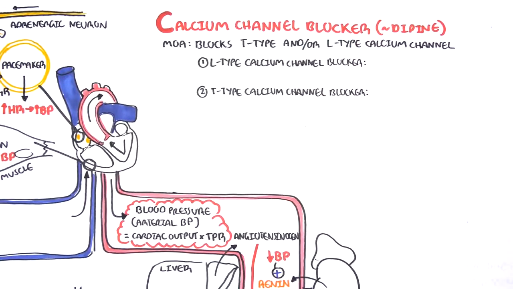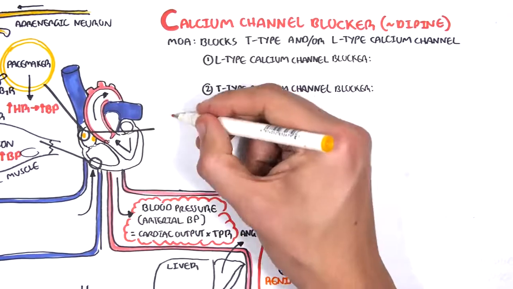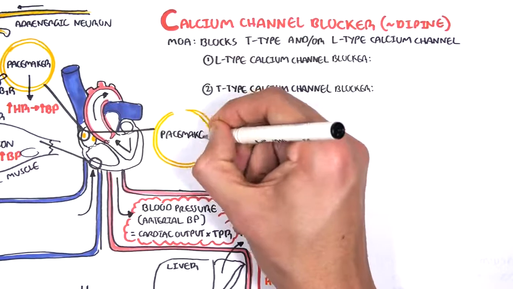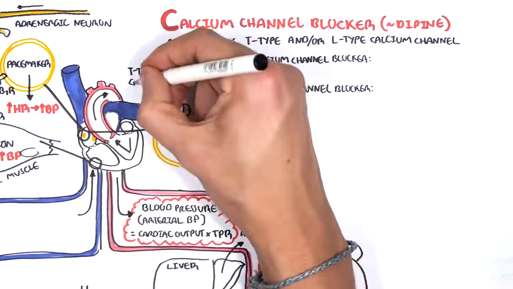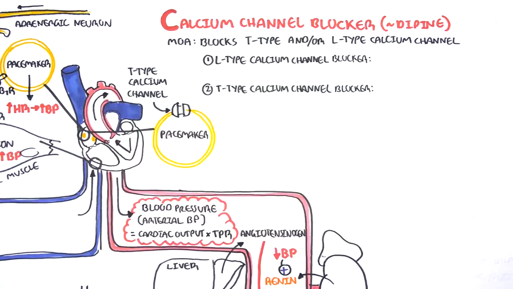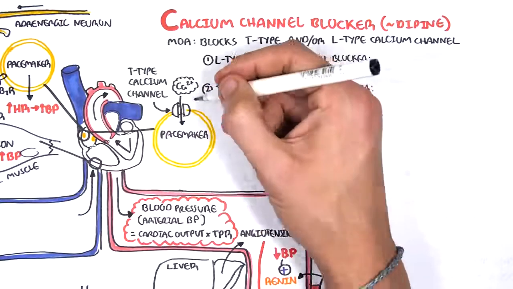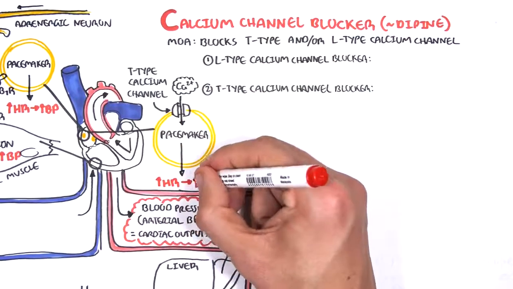It's important to know this because these channels are found in different parts of our body. For example, in the heart, going back to our pacemaker cells, which control the heart rate, there are T-type calcium channels. Calcium activity in the pacemaker cells causes the heart to pump faster and so contributes to increasing the blood pressure.